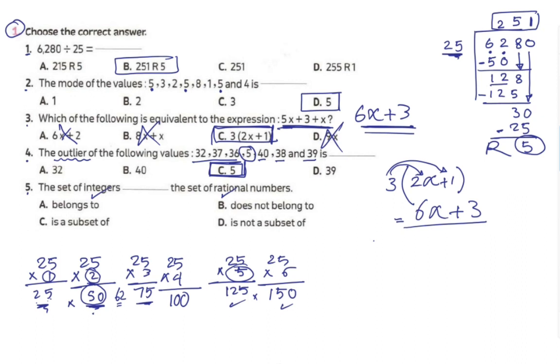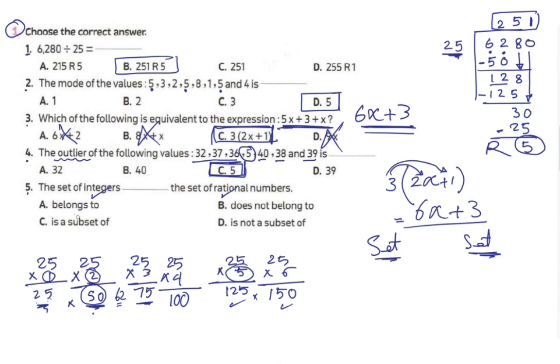Note with me, when you have a set and a set and you need to find the relationship between them, you use one of two: subset of or not subset of.